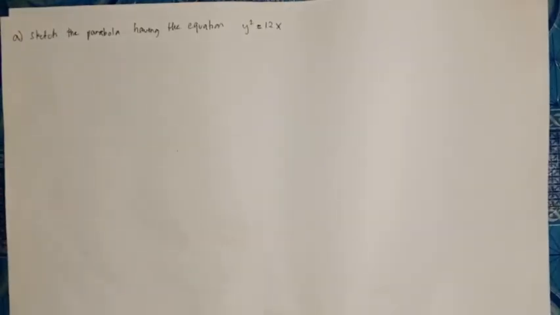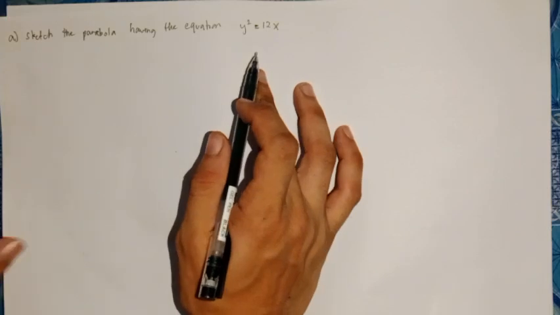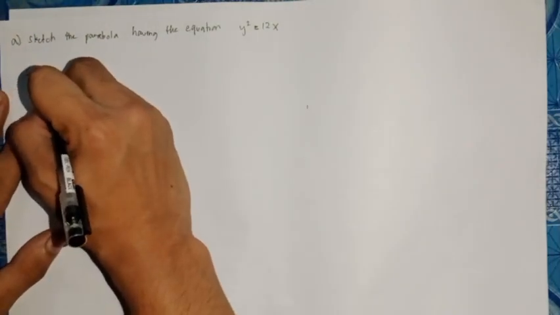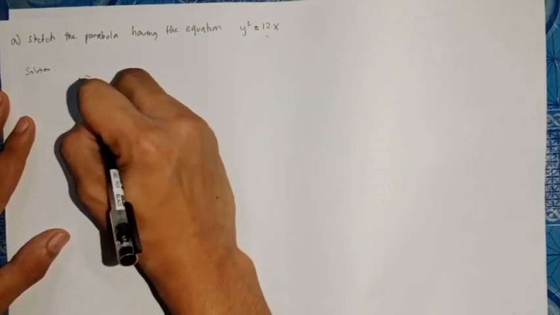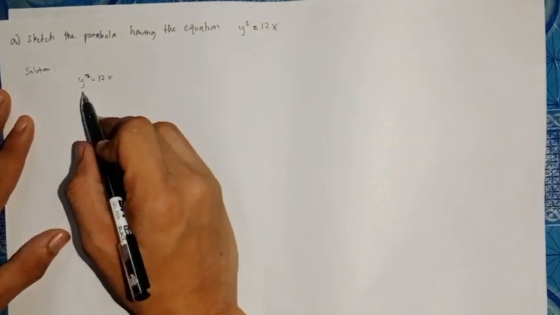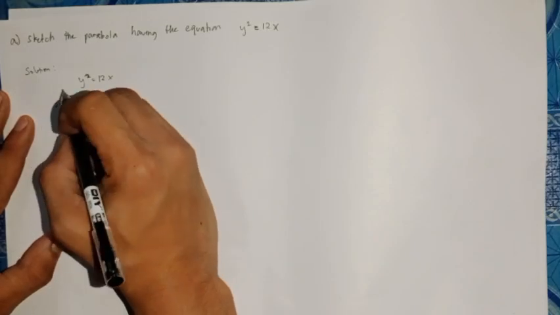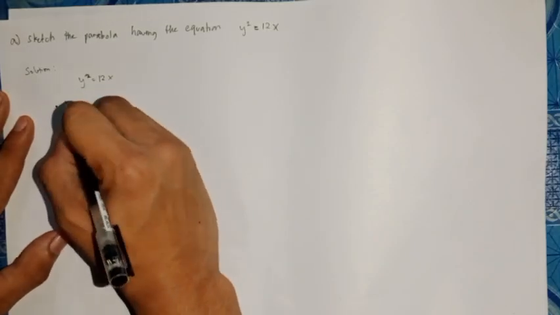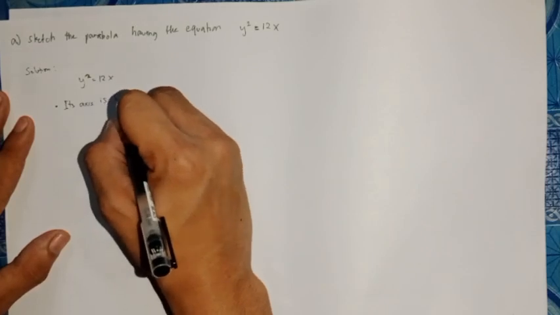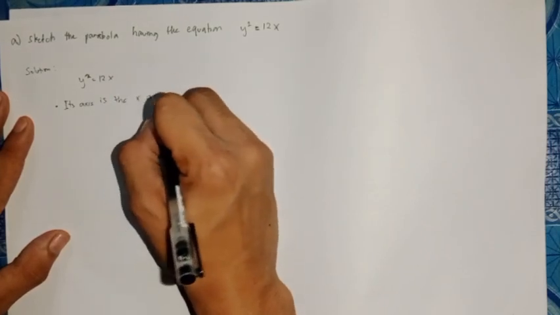Now let's have an example of the parabola. First, sketch the parabola having the equation y squared is equal to 12x. Solution. As you can observe, it is y squared, therefore its axis is the x-axis.